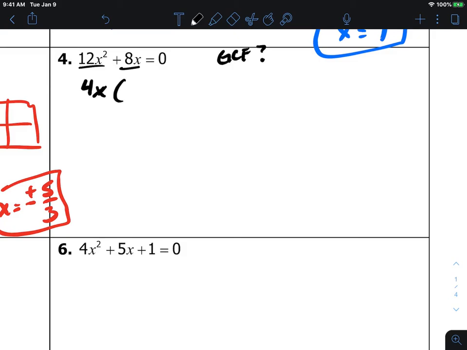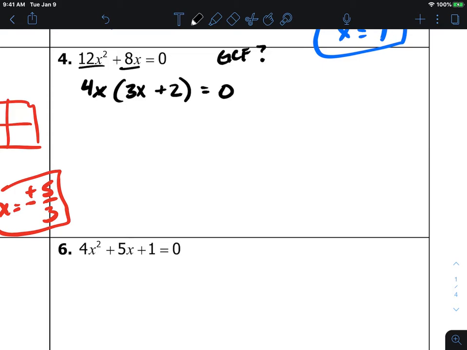So this is going to factor to 4x times 3x. Why do I need an x there? To make the x squared. And then 4x times what is 8x, plus 2 set equal to 0. Now, if I didn't know for sure, I could distribute the 4x times 3x and the 4x times 2 and make sure that I got back to 12x squared plus 8x, which I do.